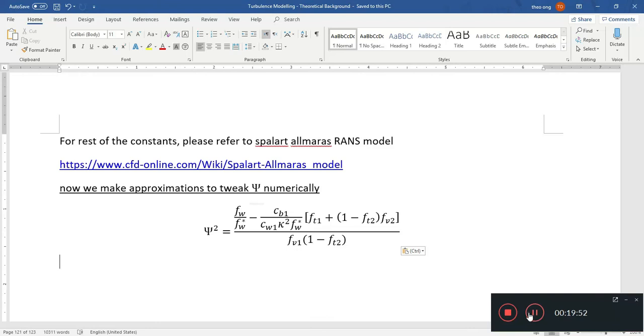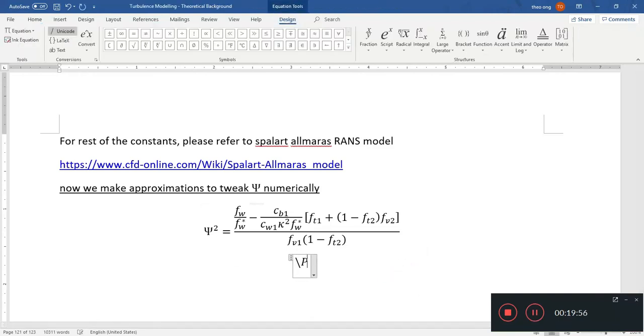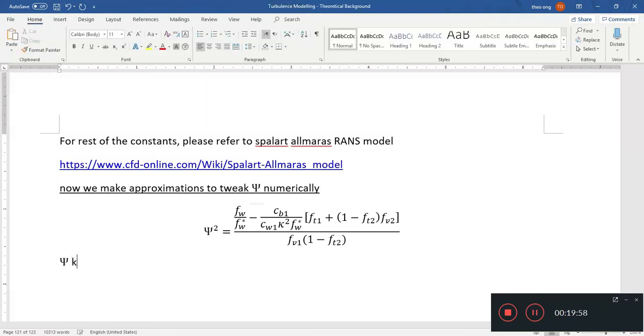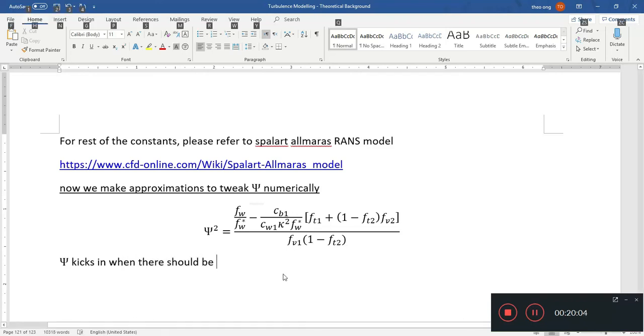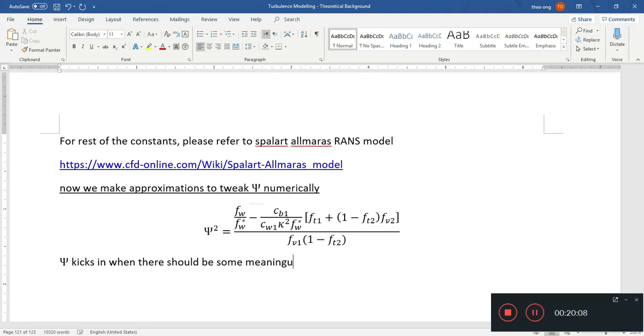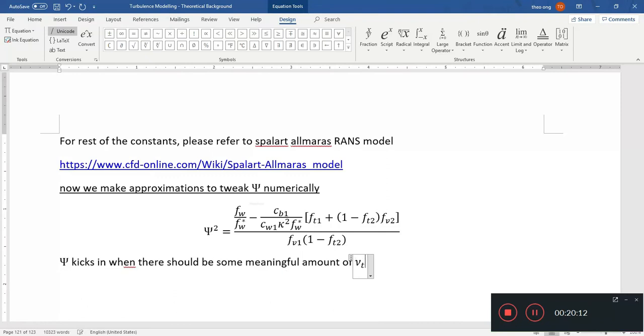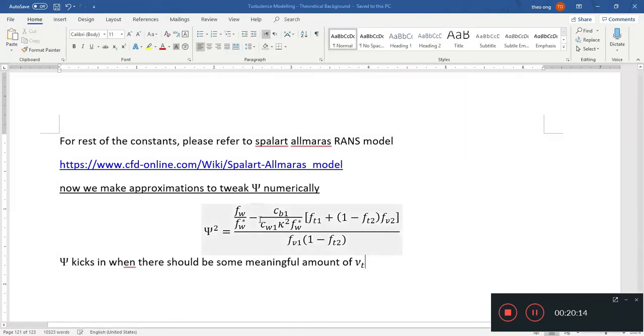Psi kicks in when there should be a meaningful amount of eddy viscosity. This is the principle behind psi squared.